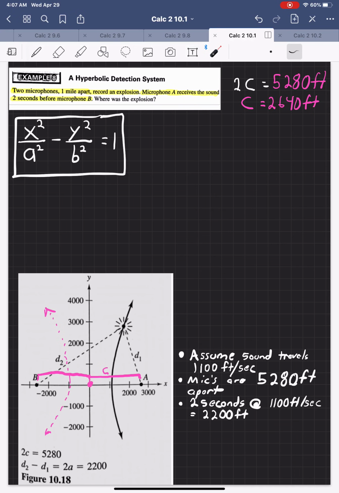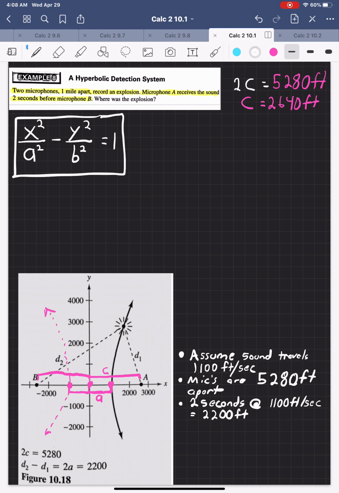So don't you agree with me that if the distance from center to vertex is a, then 2a would be the distance from vertex to vertex? Do you agree with me there? Okay, let's see if you do. So vertex is a. Over here would be another vertex. So the distance from vertex to vertex would be 2a.